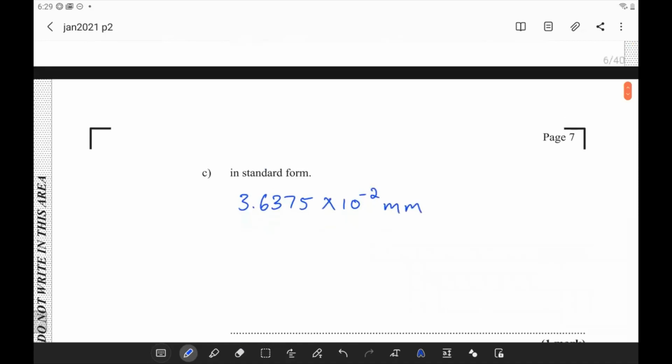Sorry, not 10 to the minus 2. That is 10 to the positive 2, since you're moving that way. So it's 10 to the positive 2 millimeters.